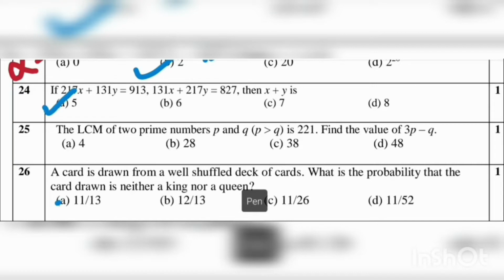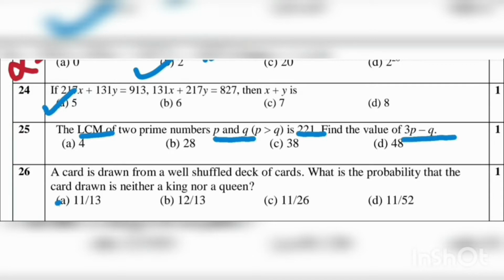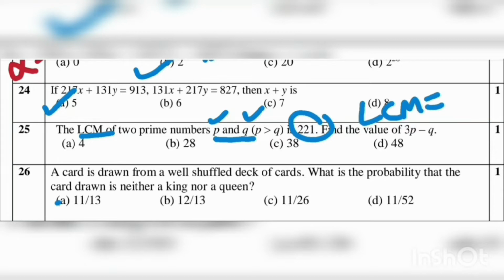Next question. LCM of two prime numbers p and q is 221. Find the value of 3p minus q. Now there are two prime numbers whose LCM is 221. We know the formula that LCM into HCF equals the product of the two numbers.